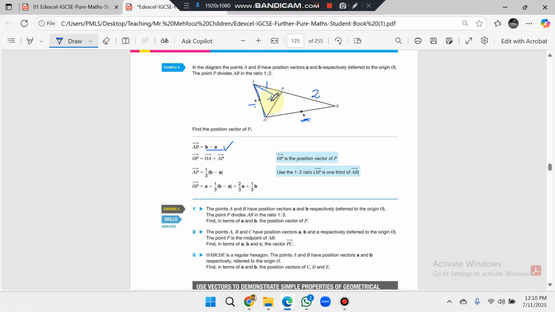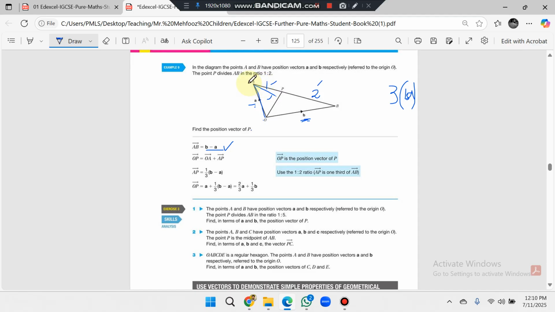So you can say that the total length of AB is, let's suppose, 3 times b minus a. This is the total length of AB. Why 3 times? Because it has the ratio 1:2. The total terms are 1 plus 2, that will be 3.